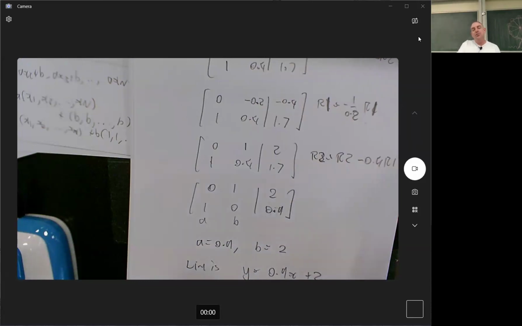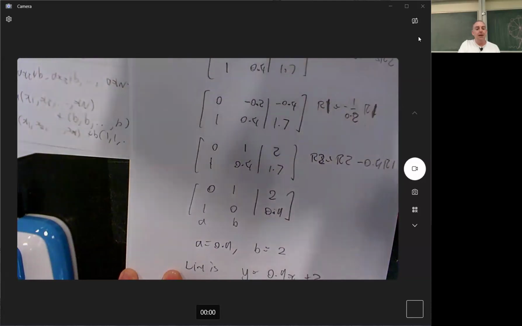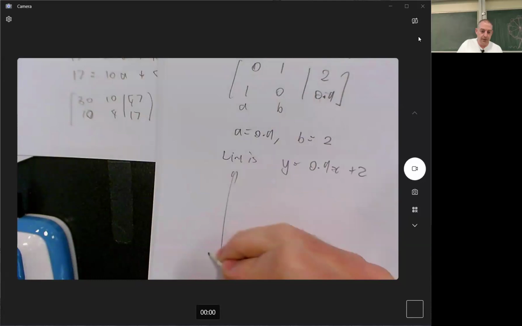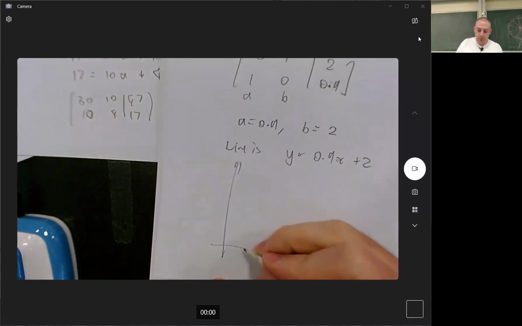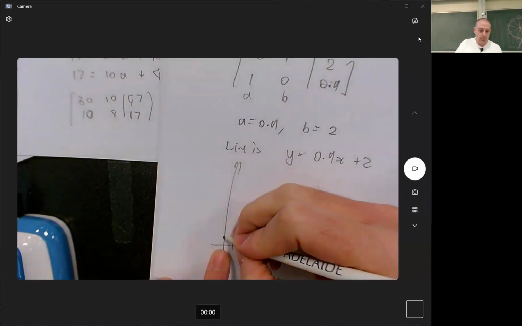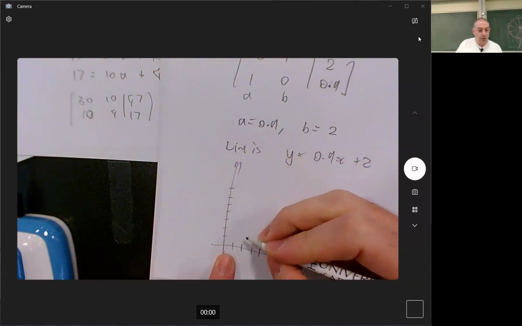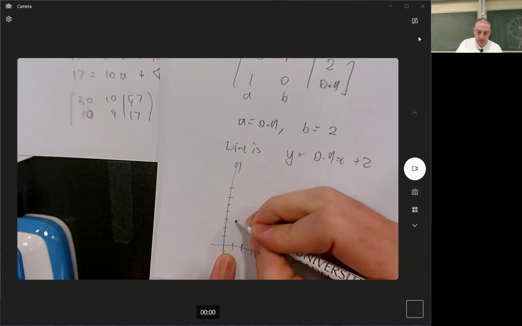Cool. I just want to check that in my mind. I want to see if I believe that this is what it should be. So what have I got? 1, 2, 3, 4. And then 1, 2, 3, 4, 5, 6, 7. So we have the point 1, 3.